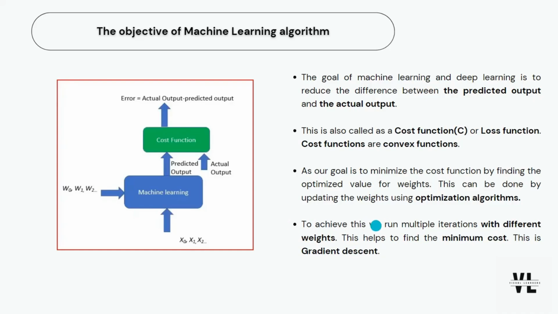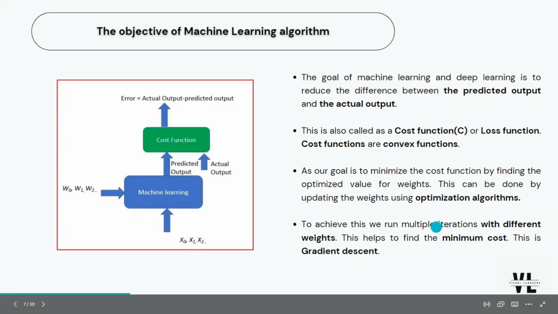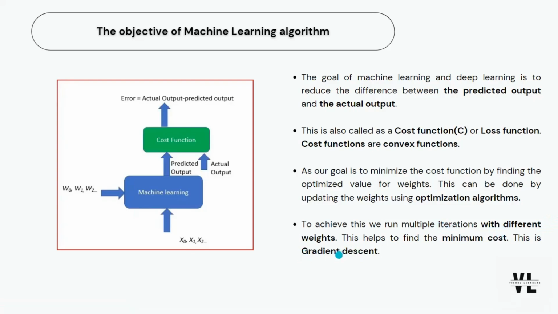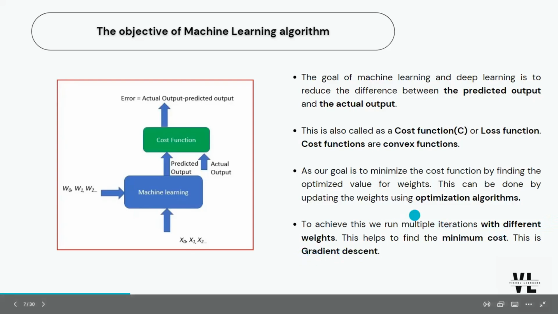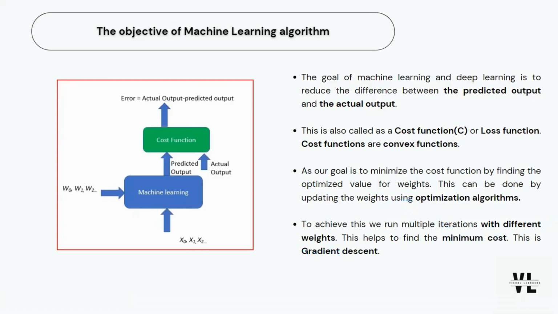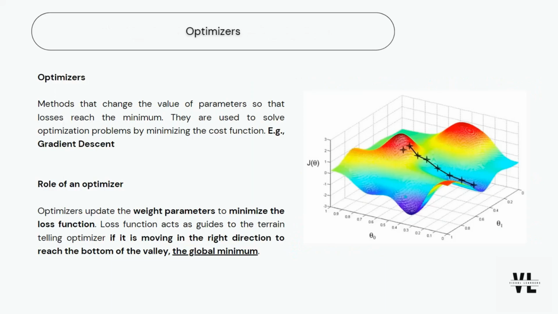To achieve this, we run multiple iterations with different weights. This helps us to find the minimum cost. That's why we need multiple iterations in order to minimize the cost until we find the appropriate weights. And this is basically gradient descent. So gradient descent is basically the simplest kind of optimization algorithm.